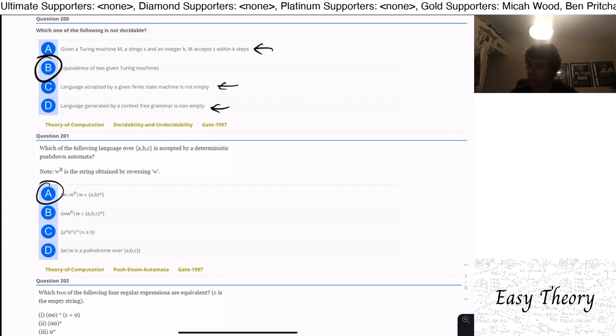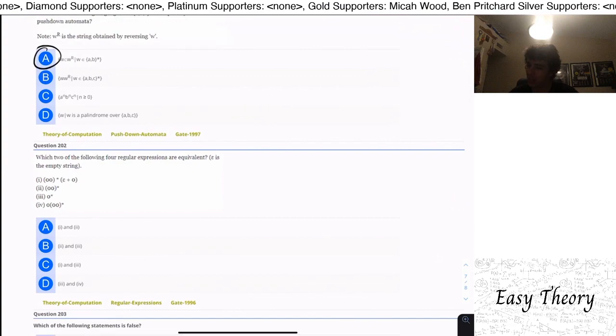We've seen that like 4 times already in these questions. Which of the 4 regular expressions are equivalent? I think 1 and 4 are. No, they're not. Never mind. So 3 is not equivalent to either, I don't think.